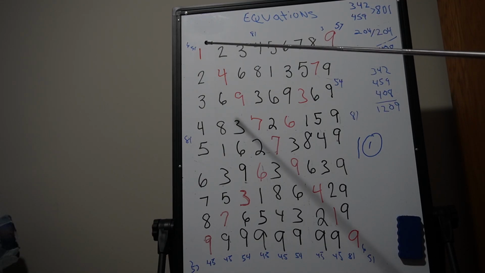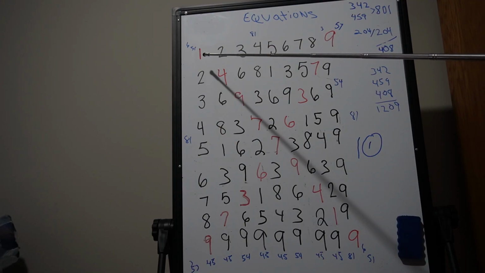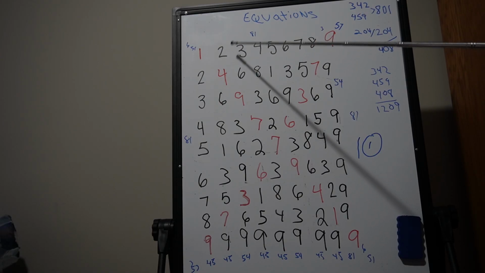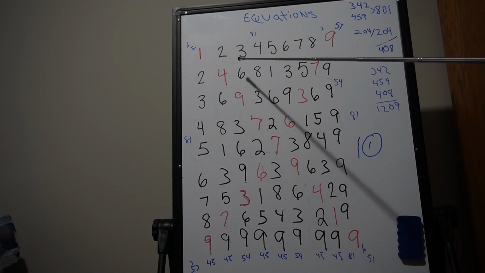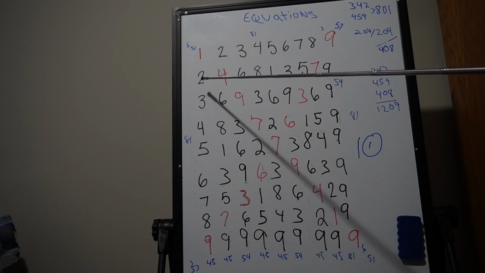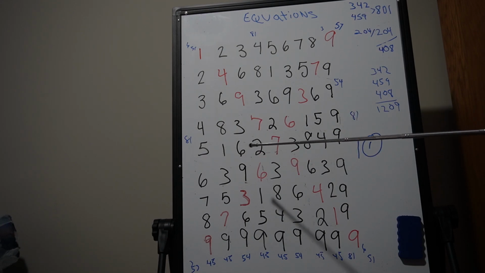So, as you see, 1 and 3 surround the number 2, which 1 and 3 is what? 4. Here is the number 2 here, and right there, you see 4. Find another number 2.